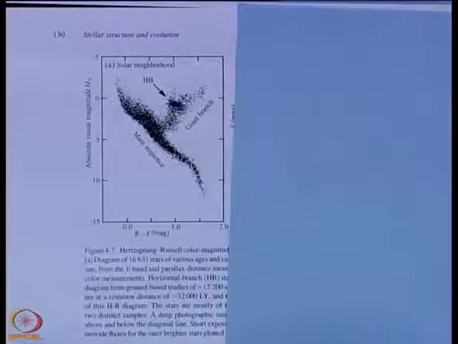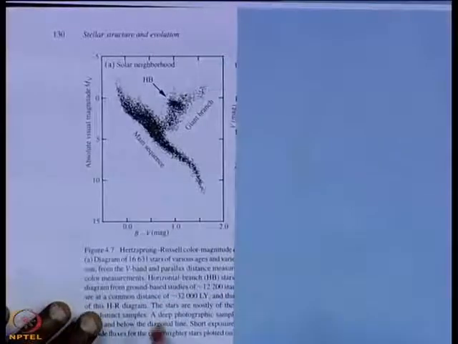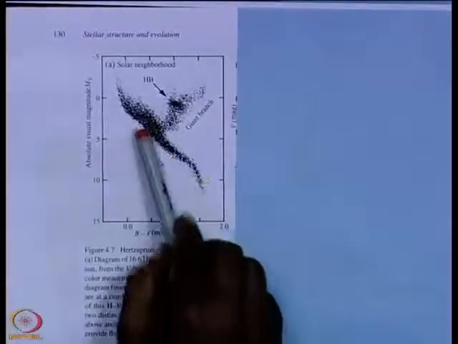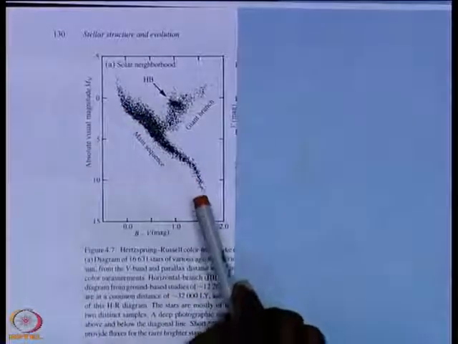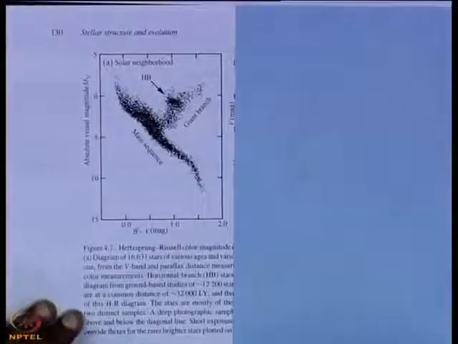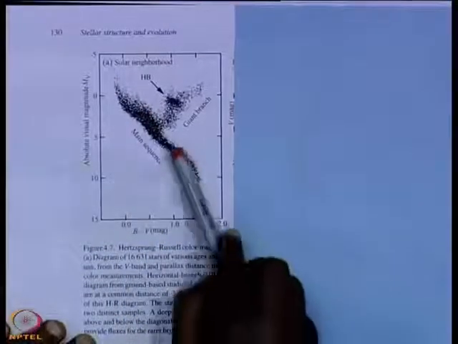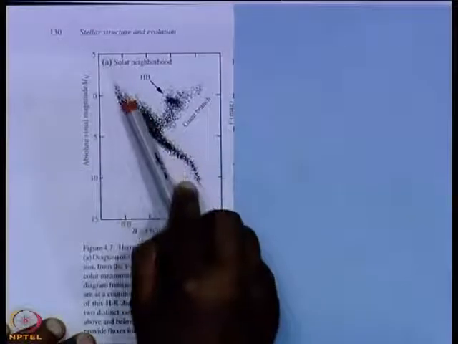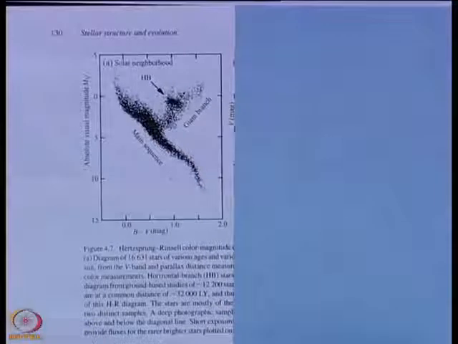So notice that the bulk of the stars lie on a band that runs from left to right across the HR diagram, and this is the main sequence. These are all stars which burn hydrogen.